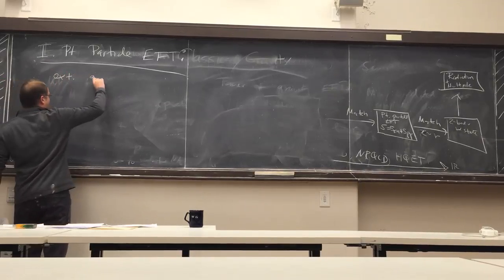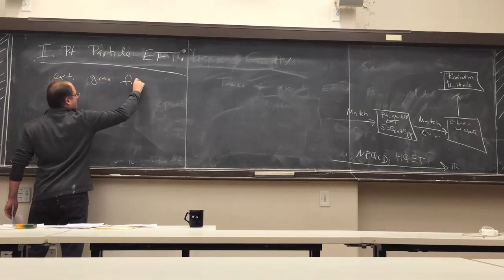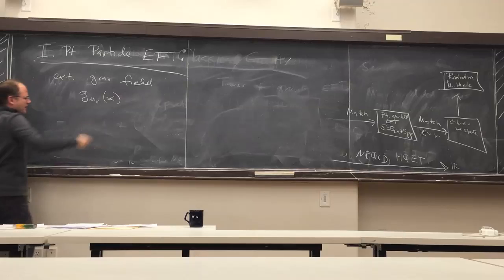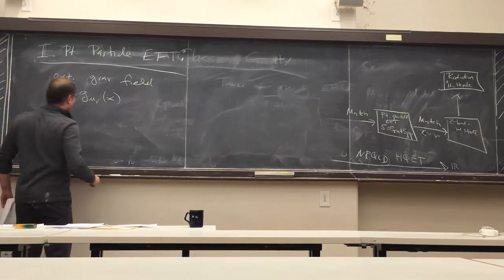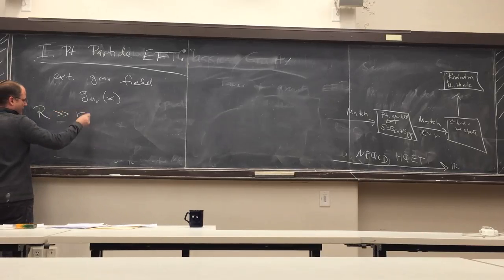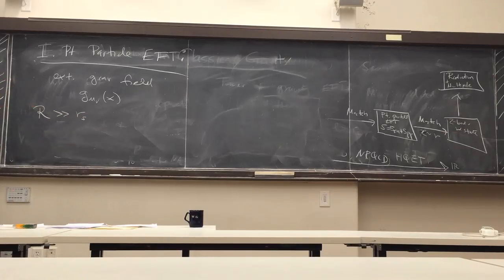The external gravitational field is described by some metric that varies slowly, so the scale over which it varies is large compared to the size of the objects that we're dealing with. So you have some black hole sitting in space, moving through space in some way, and the gravitational field varies very slowly compared to it.